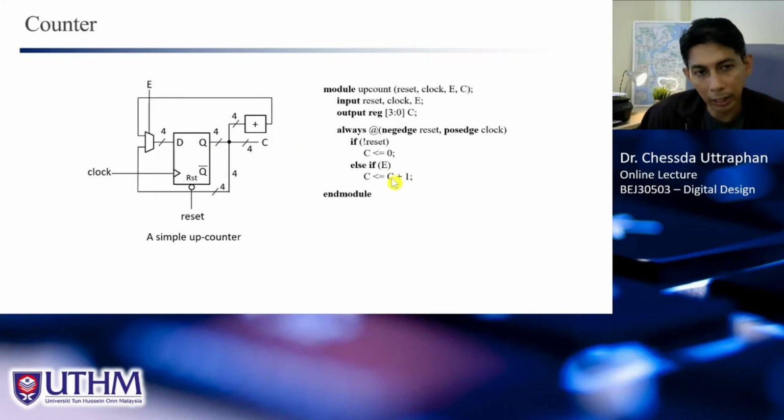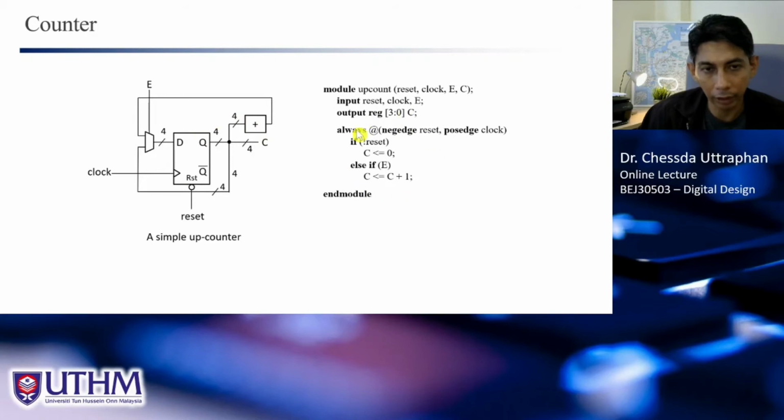This counter will count in steps of 1. C is C plus 1, means that the output here, if we start from 0, will be 0, 1, 2, 3, 4, and so on. But if we want to have a two-step counter, we can have +2 here. So we can start from 0, 2, 4, and so on.